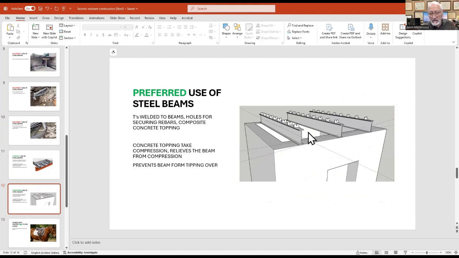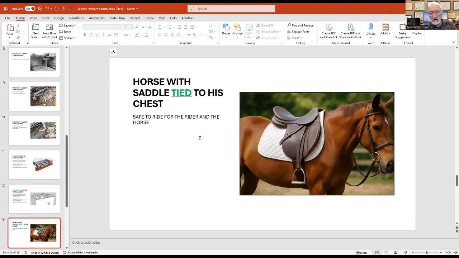These holes all line up and then rebars go through them. The other rebars go on top, and you put a concrete topping, which will secure the beam from tipping over and will also take all the load. The compression load will be taken by the concrete topping. Composite topping takes compression, relieves the beam from compression, and prevents the beam from tipping over. If it doesn't tip over, the big beam will be very strong.